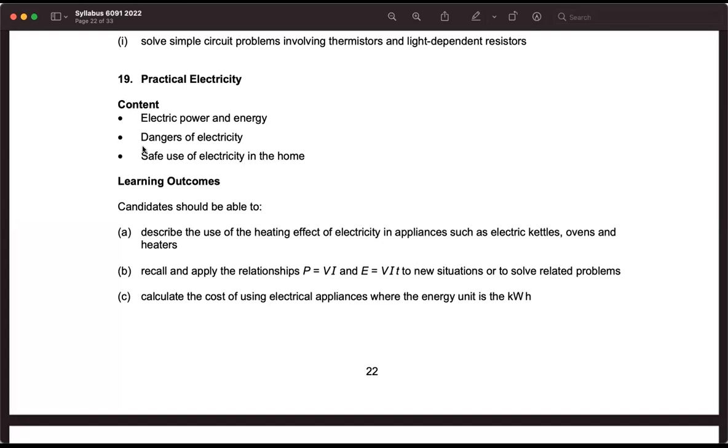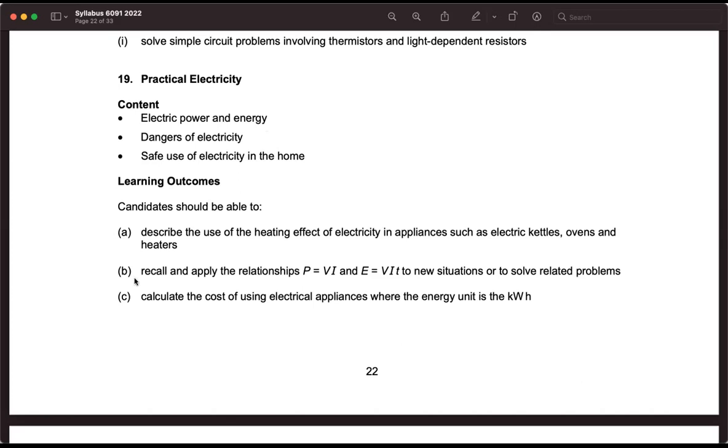I will not cover the last two parts much because they are all facts, just like the electromagnetic spectrum is all memory stuff. The interesting part of this topic would be the first one, which is electrical power and energy. Okay, so far?